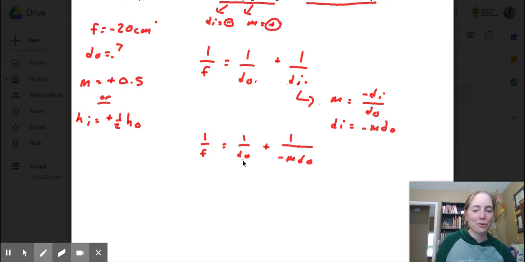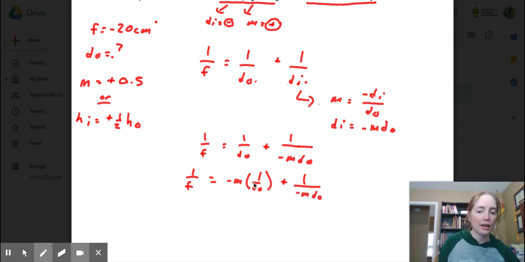So we have DO and negative MDO. Well, to make sure they have a common denominator, I'm going to multiply this side by negative M. So 1 over F is going to equal my negative M times 1 over DO plus my 1 over negative MDO.